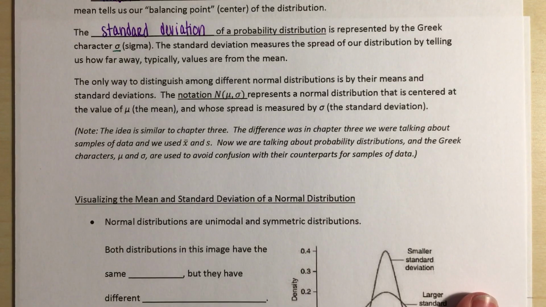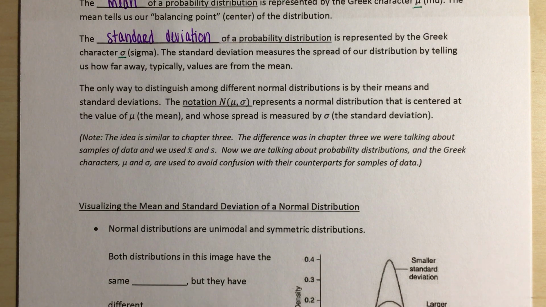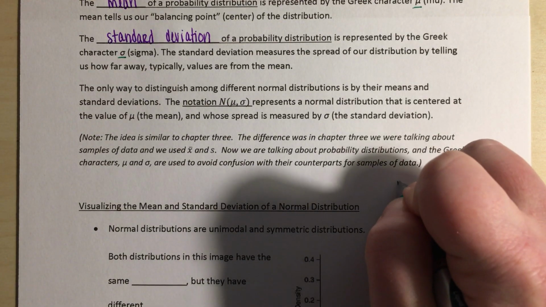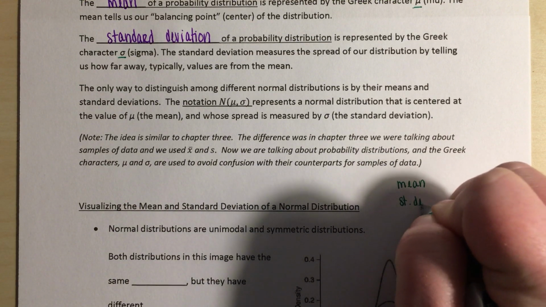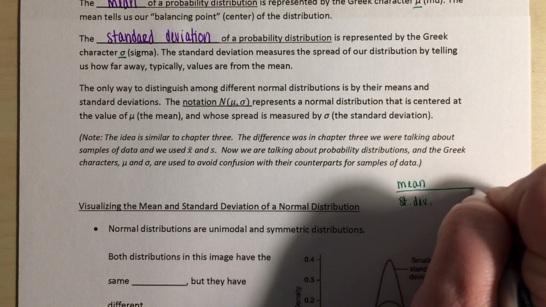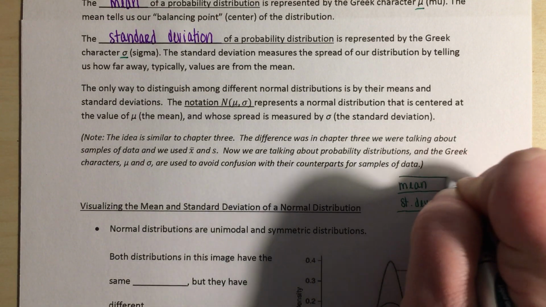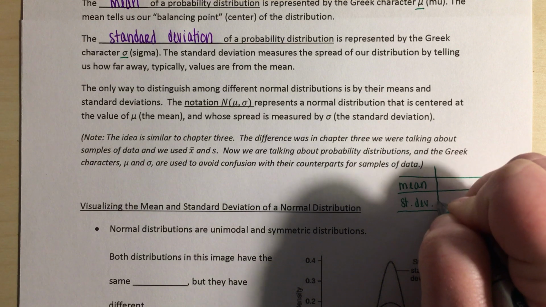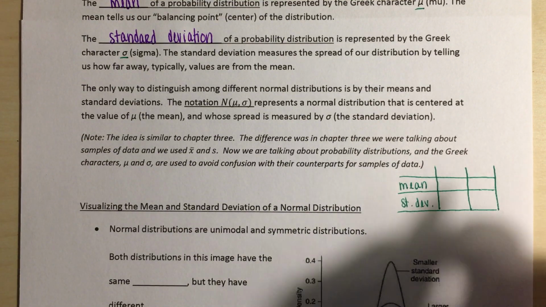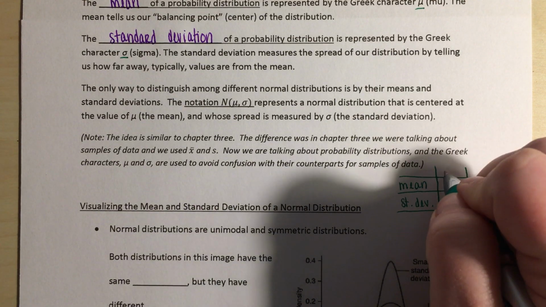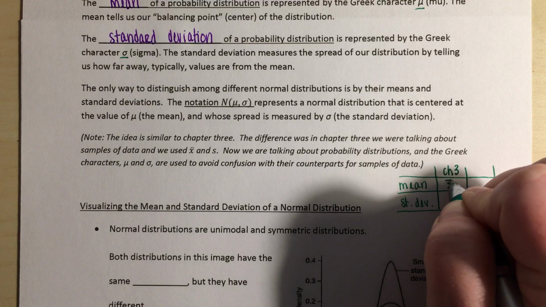So before I start going through those next couple of paragraphs, I'm just going to draw a little cheat sheet table down here. So we're thinking about mean, we're thinking about standard deviation. And what we saw in chapter 3, when we were thinking about mean, we used x bar.